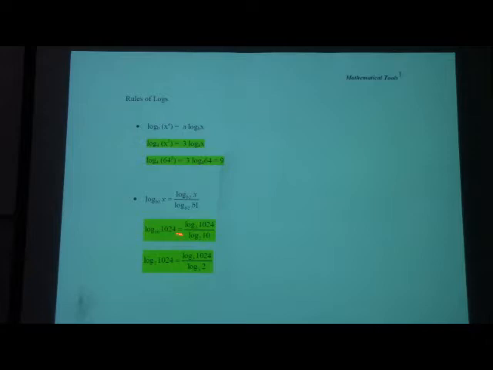You can see that these values are the same. These two logs only differ by a constant, and the constant is log base 2 of 10. Same thing here. Log base 2 of 1024 is equal to log base 3 of 1024 divided by log base 3 of the old base. That's called the change of base rule.